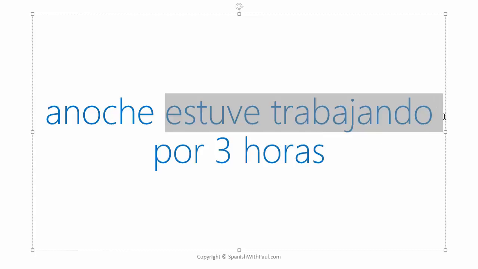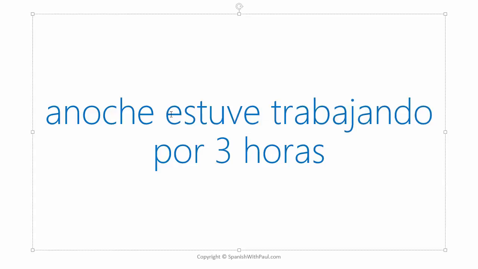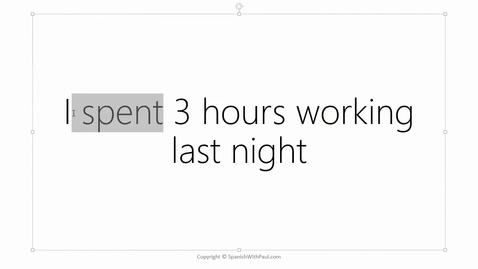It's a little tricky to understand at first, because this in a way still means I was working. But because it's estuve and not estaba, you get this dot where I spent this amount of time doing something.